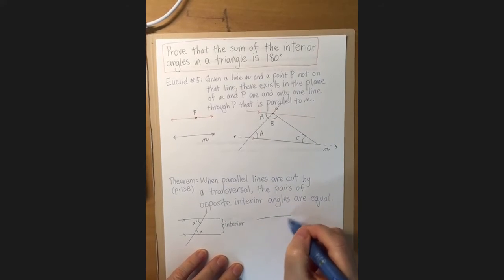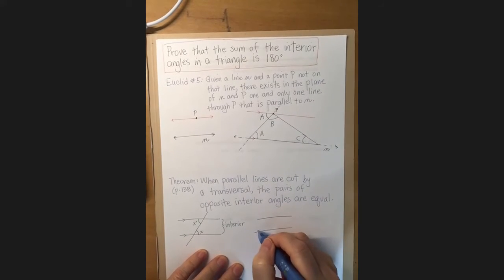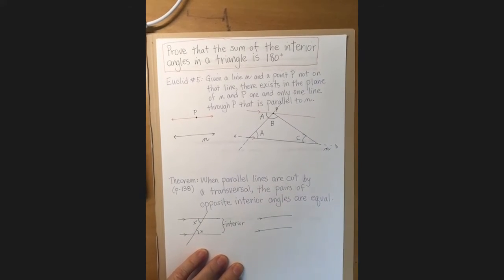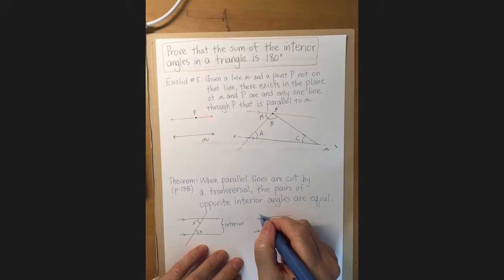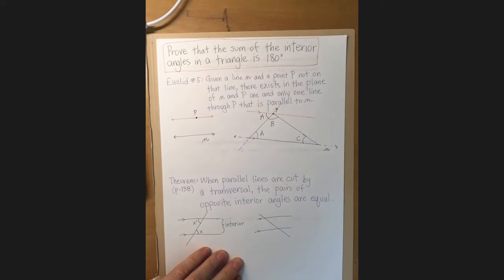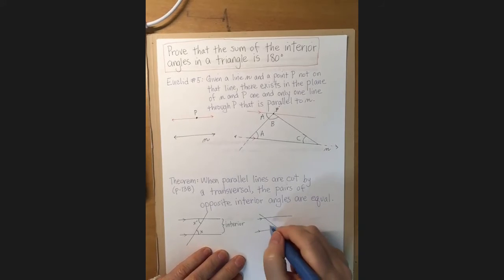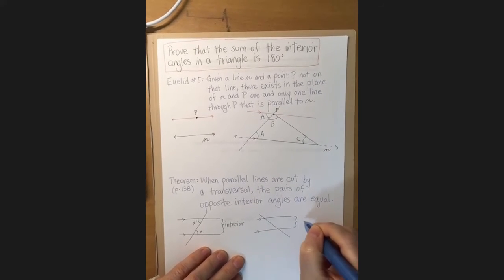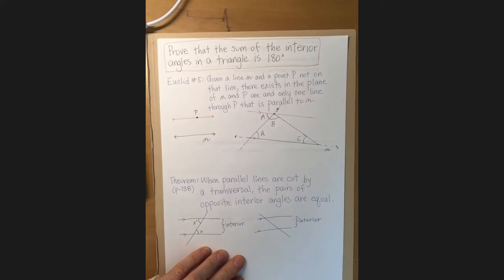So now down here, here's two more parallel lines made parallel by the addition of those arrowheads. And here's a transversal going that way. Here's where the interior angles are going to be, because this is the interior of the parallel lines.